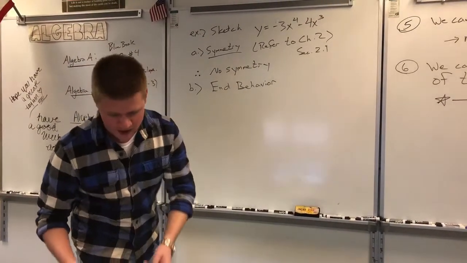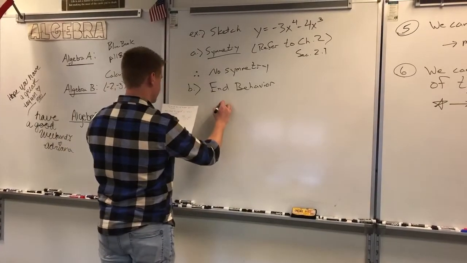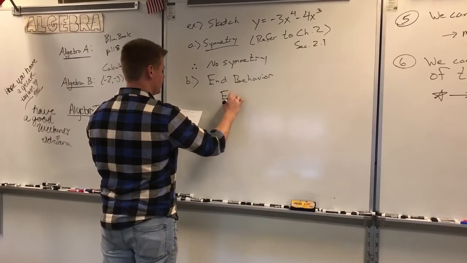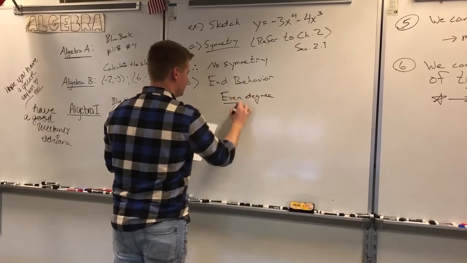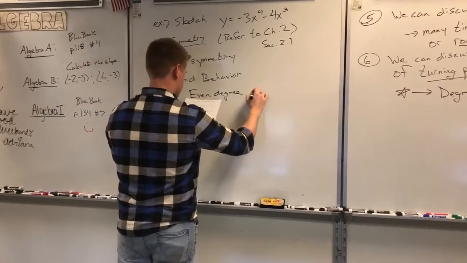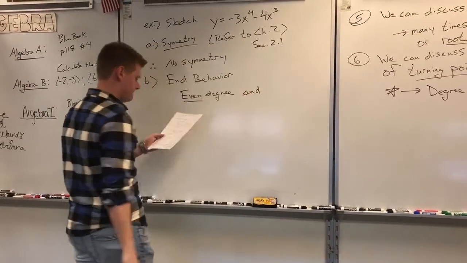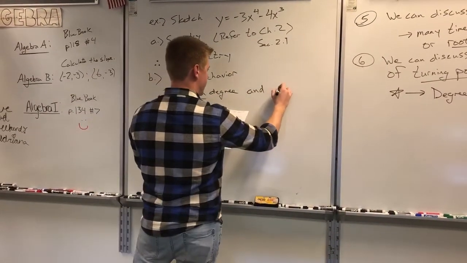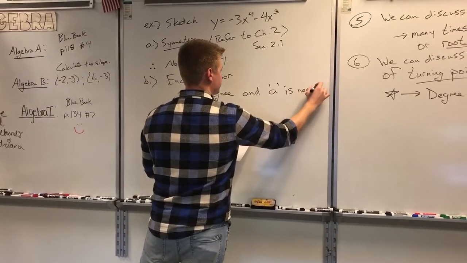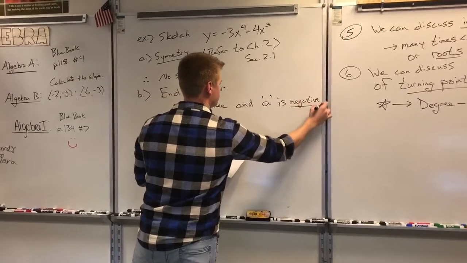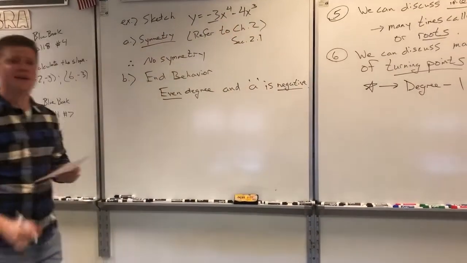So what I know about this graph is that it is an even degree and A is negative or less than 0. Okay, so what I'm looking at there is -3.